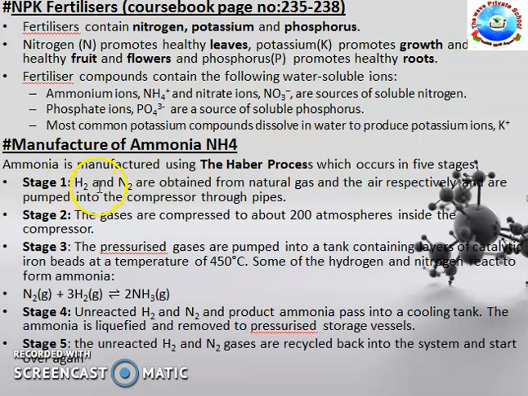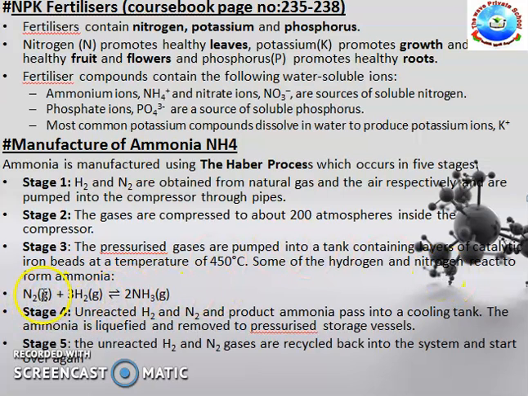Hydrogen and nitrogen, obtained from natural gas and the air respectively, are pumped into the compressor through pipes. In the second step, the gases are compressed to about 200 atmospheres inside the compressor. The third step is the pressurized gases are pumped into the tank containing the catalyst iron beds at a temperature of 450 degrees. In that process, the hydrogen and nitrogen react to give ammonia.